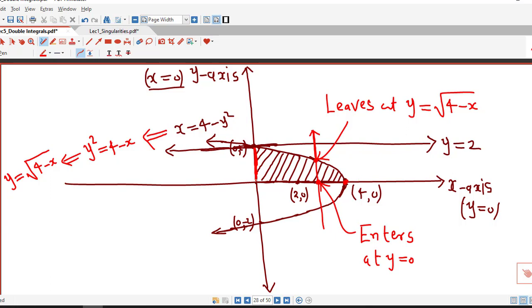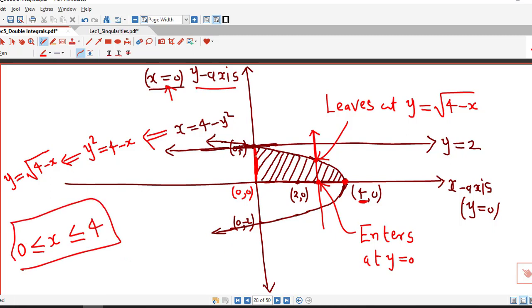All these are leftmost points of the region and all these points are on the y-axis, and the value of x is 0 on the y-axis. So the lower limit for x is 0, and we have to go up to this point. This is the rightmost point of the region and the value of x at this point is 4. So x is from 0 to 4.